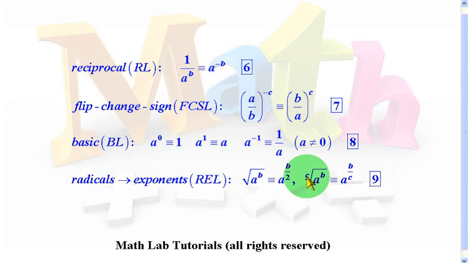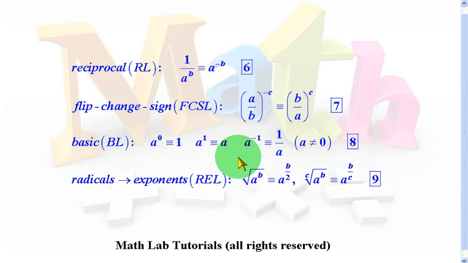So whatever appears outside the radical is actually in the denominator of the fraction that you see in the exponent. What's understood over here is a 2, so this b becomes b over 2. Over here, we have a c explicitly, so this becomes a to the power b over c.